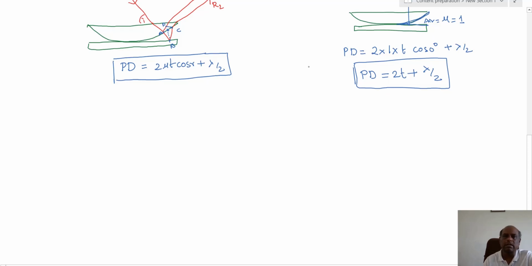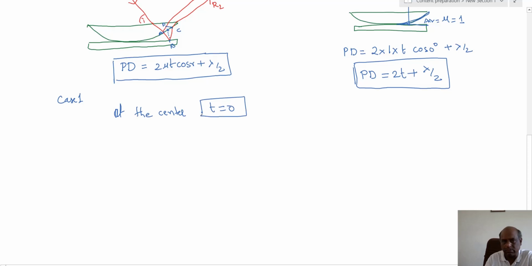So let us find out the conditions for Newton's rings. Earlier, in the case of thin films, we had only two conditions, constructive and destructive. But in the Newton's rings case 1, we have the touching point, where the plane glass plate touches the convex lens. At the center, what is the value of t? t is equal to 0.